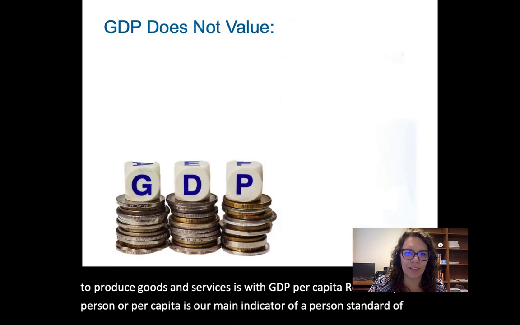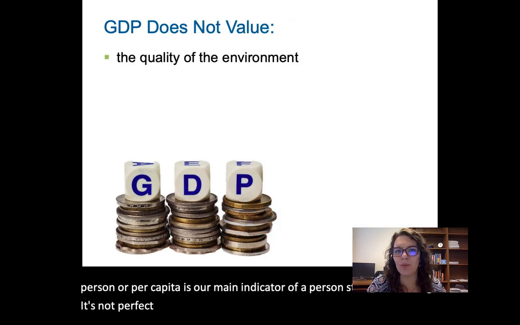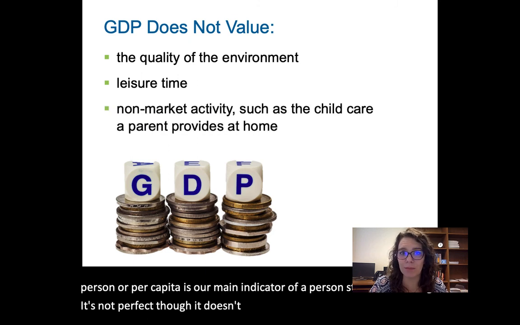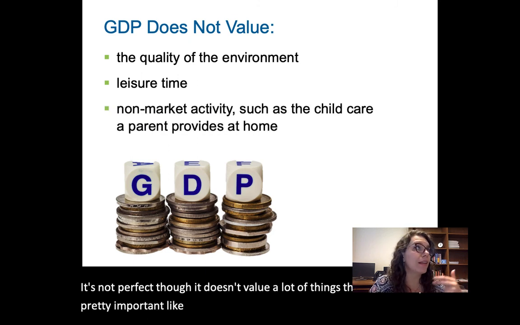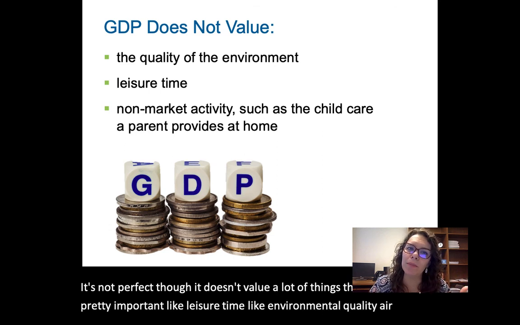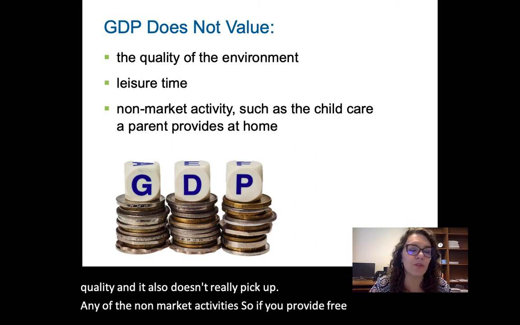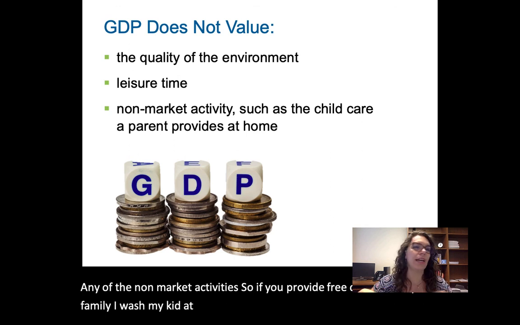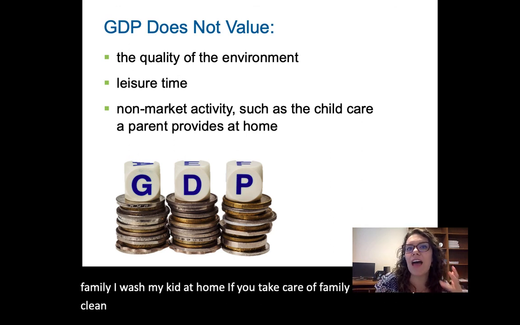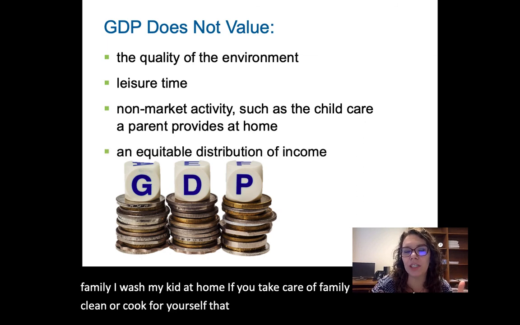It's not perfect though. It doesn't value a lot of things that are actually pretty important, like leisure time, environmental quality, air quality, and it also doesn't really pick up any of the non-market activities. So if you provide free childcare to your family, like I watch my kid at home, if you take care of family members, if you clean or cook for yourself, that doesn't have any value according to GDP.